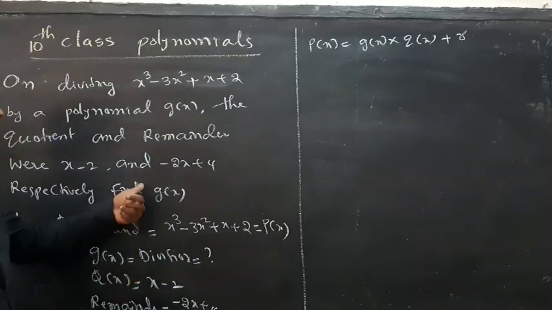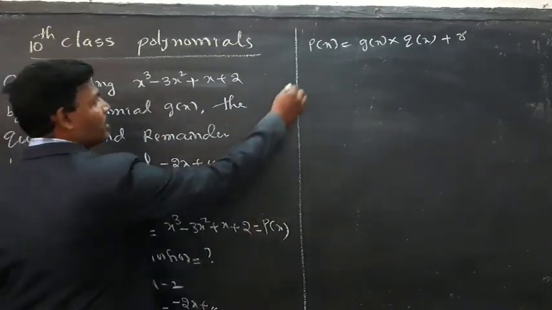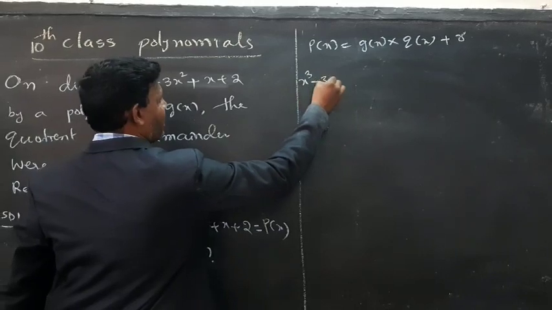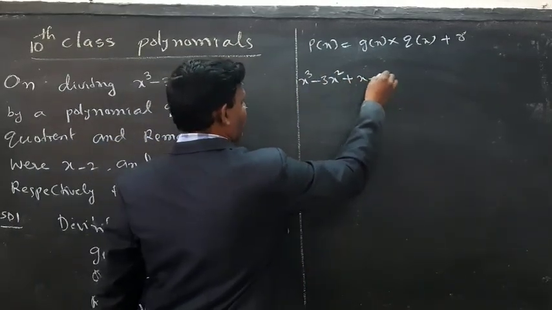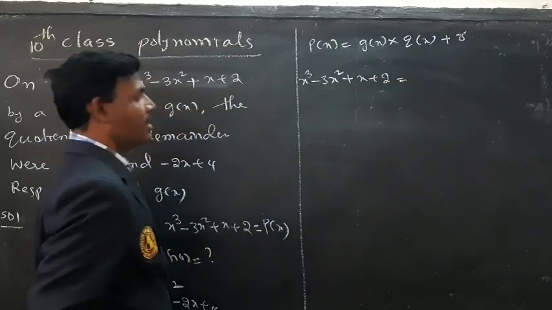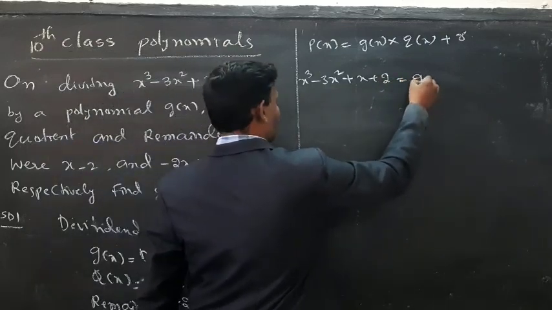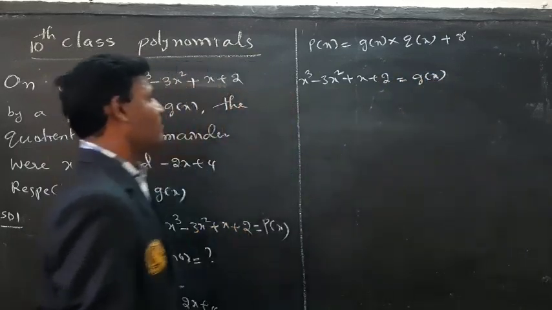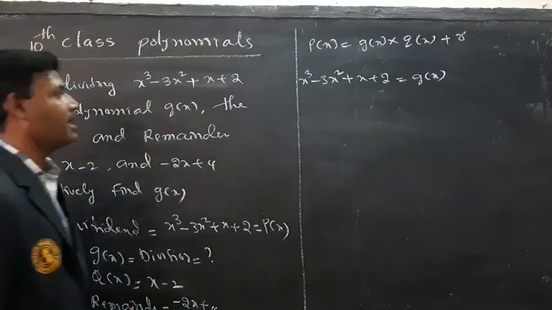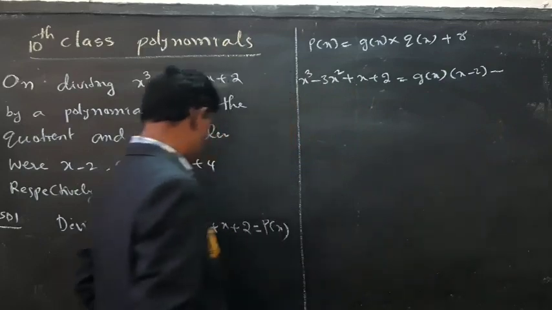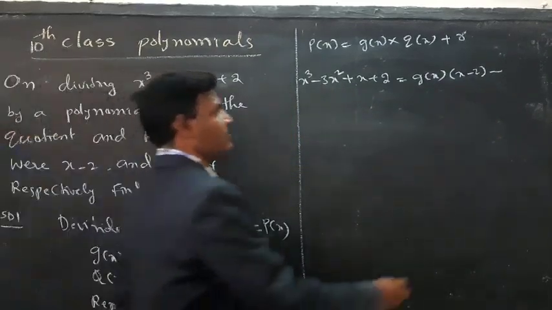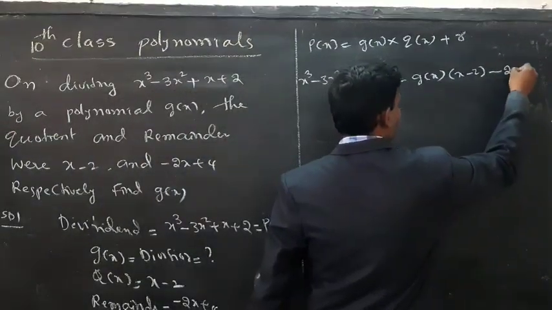What is the dividend here? x cube minus 3x square plus x plus 2 is equal to g of x, value not there, so let it be, into the quotient x minus 2, plus the remainder minus 2x plus 4.